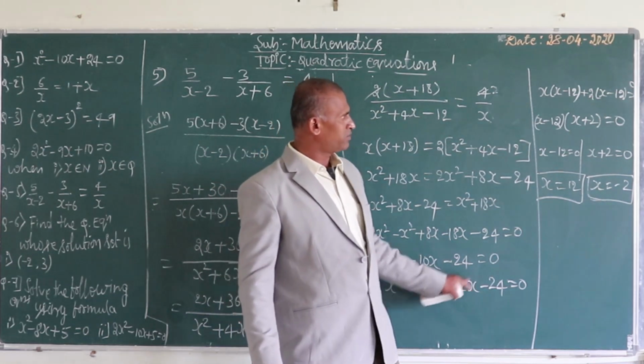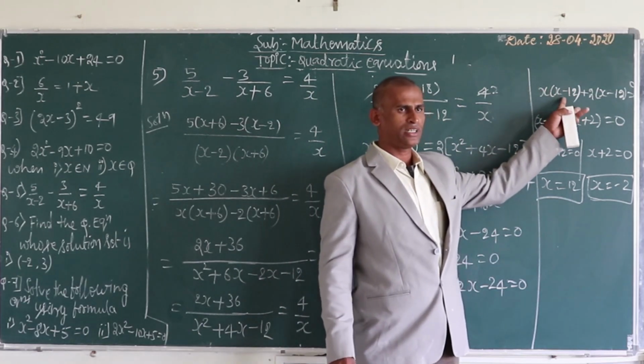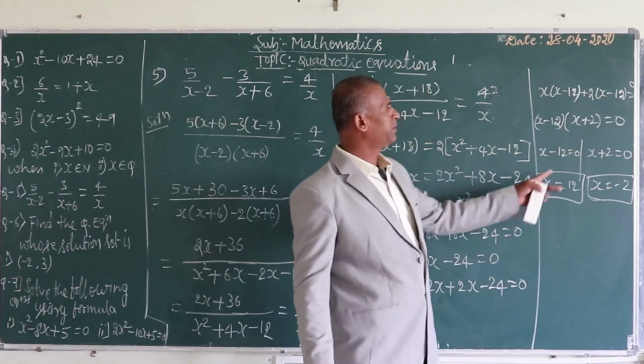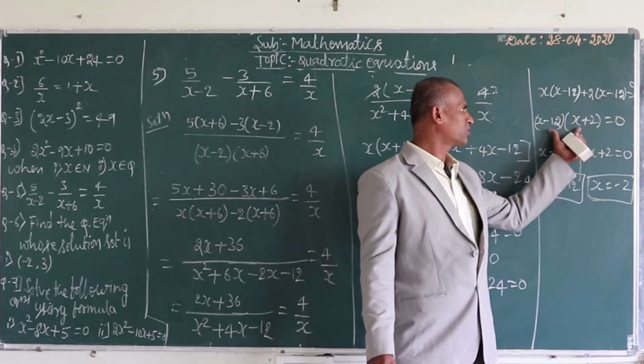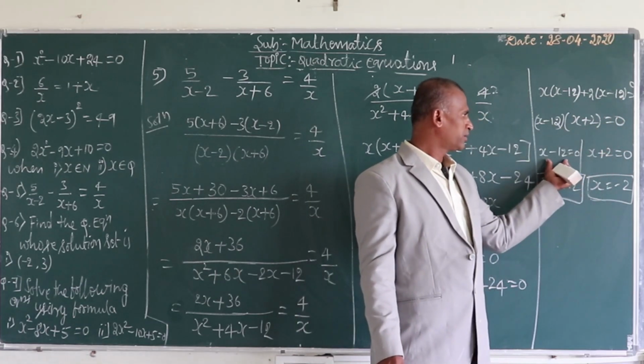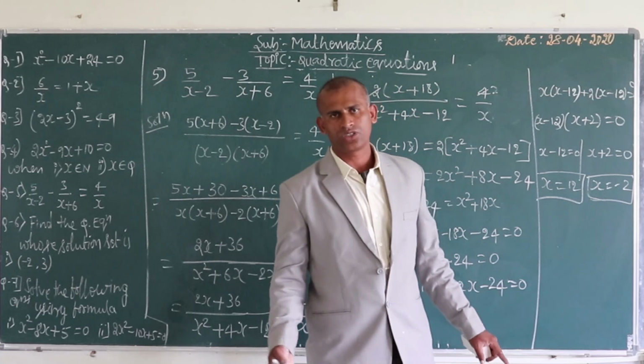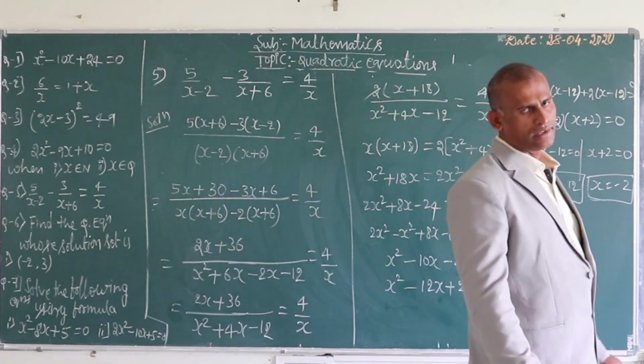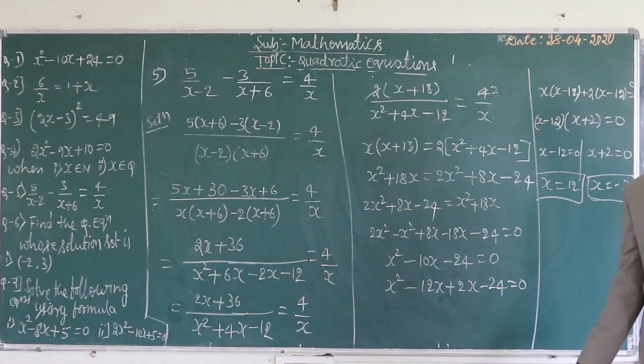You take common: x is common, so x minus 12 will be there, and 2 if you take common, x minus 12 remaining. Taking x minus 12 common, x plus 2, x minus 12 is equal to 0, x plus 2 is equal to 0, x equals 12, x equals minus 2. 2 solutions we get for this.